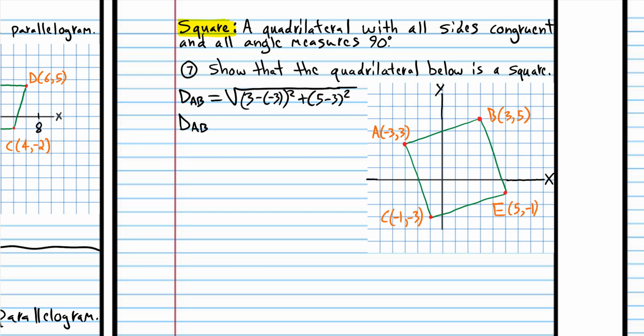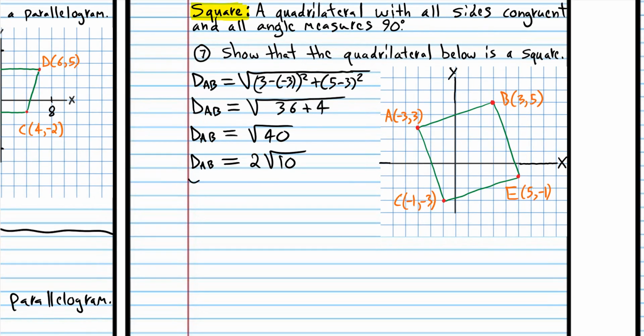And again, just rushing forward here, we have 6 squared is 36, and 2 squared is 4. All that simplifies to root 40. And 40 is 4 times 10. 4 comes out as a 2, and we have 2 root 10. So we found the distance between A and B.